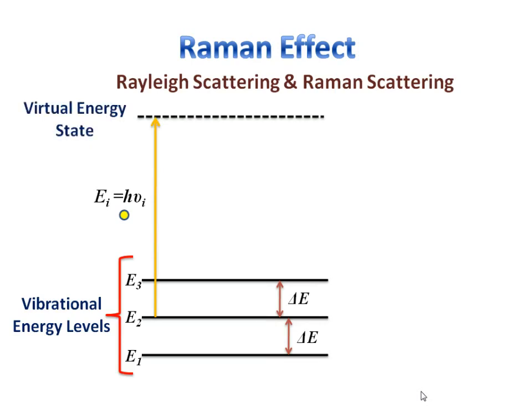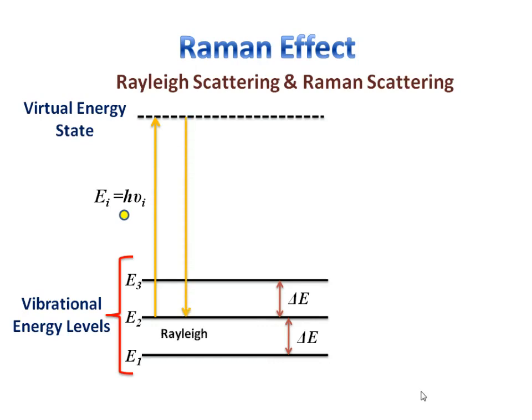The energy transferred to the molecule is equal to the energy of the incident photon, that is, E equals h nu. Here h is Planck's constant and nu is the frequency of incident light.